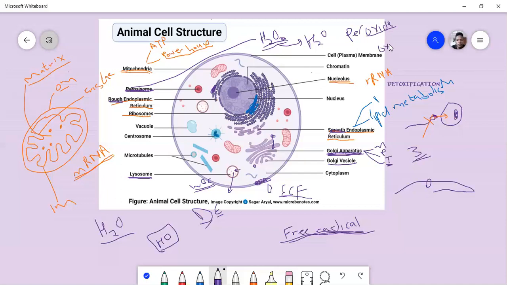So they contain oxidase enzymes. I hope you're clear. But the major difference I want you to know is that these peroxisomes, they part from the endoplasmic reticulum, whereas the lysosomes part from the Golgi apparatus.